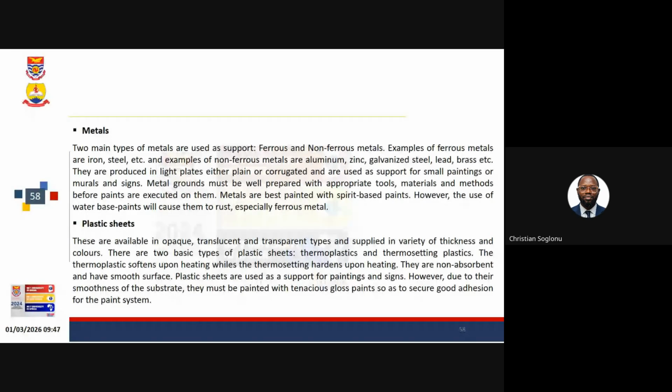They are non-absorbent and have smooth surfaces. Plastic sheets are used as a support for painting and signs. However, due to their smoothness, they must be painted with tenacious gloss paints so as to secure good adhesion for the paint system.